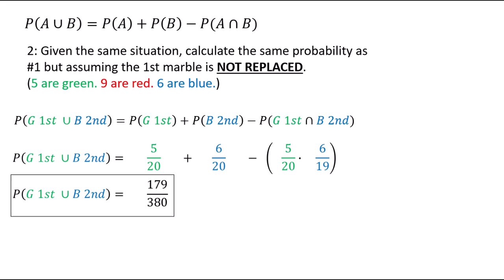And if we calculate that, that's 179/380. Now, I know that this one could be really confusing because of the 6/20 for picking the blue one second, and then in the intersection, in parentheses, it's 6/19. And that's just the way it is. Again, I want to emphasize, because picking that blue one second is 6/20, it's by itself. That's why we treat it as an individual event, like independent.